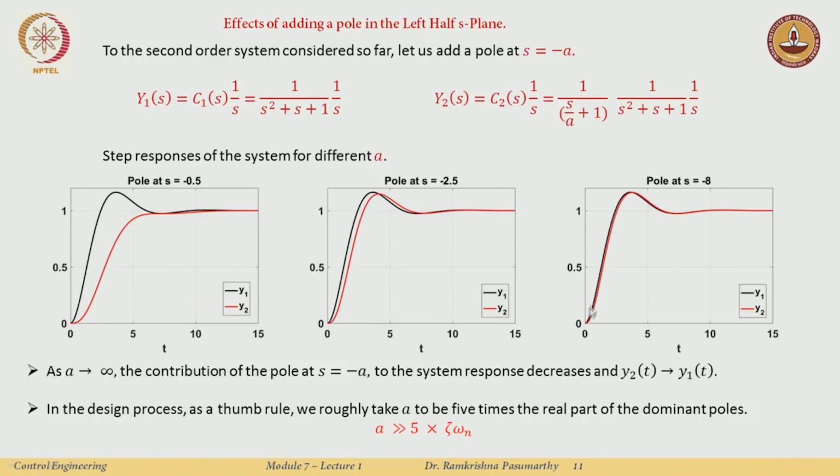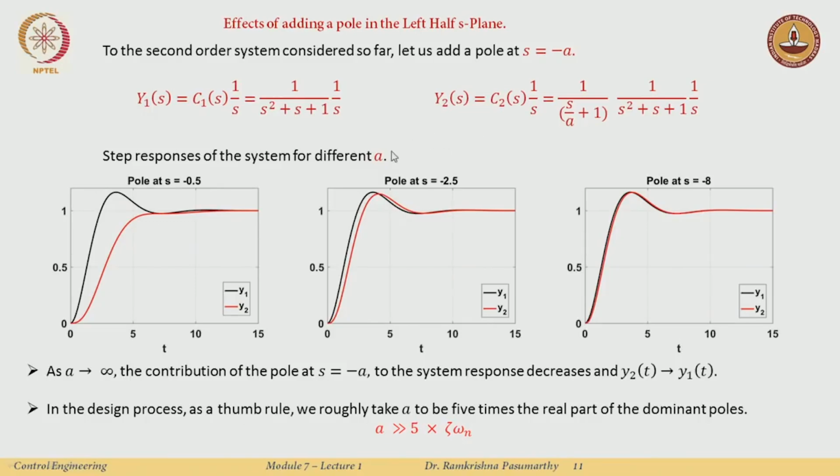Now, if I keep going further, I see that the red line actually touches the black line, and that is not surprising. As A tends to infinity, the contribution of the pole decreases, and as this pole keeps on going to infinity, there is no effect at all.